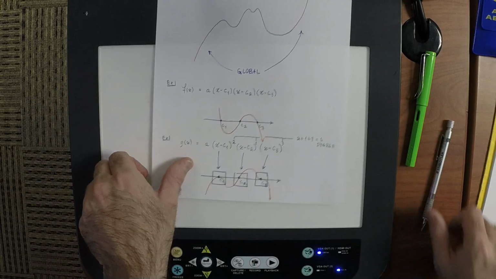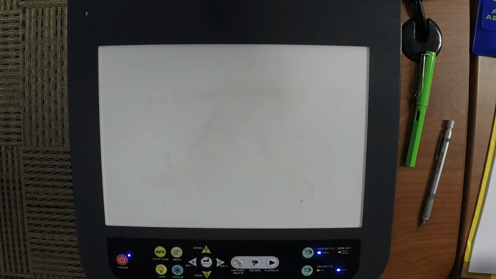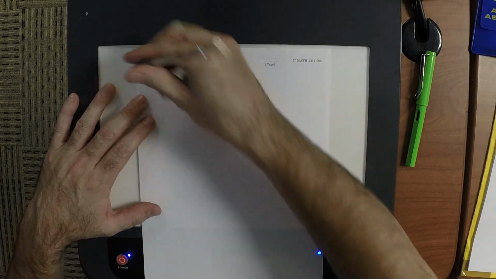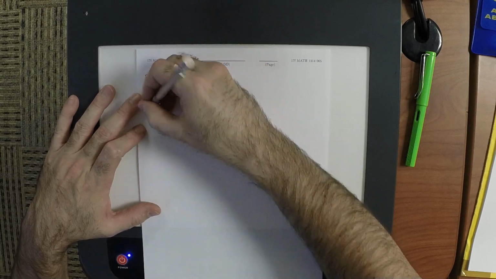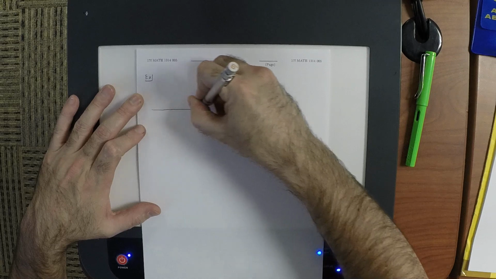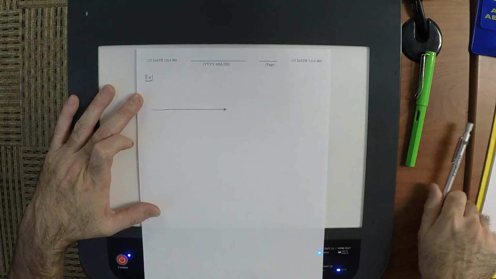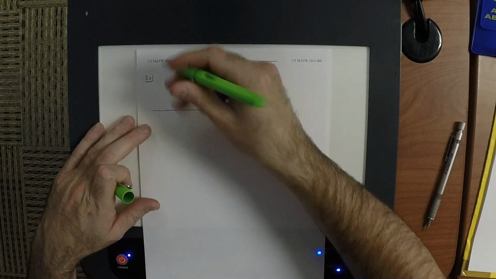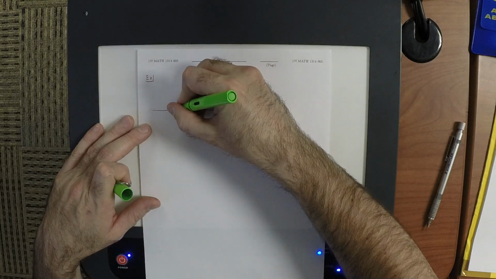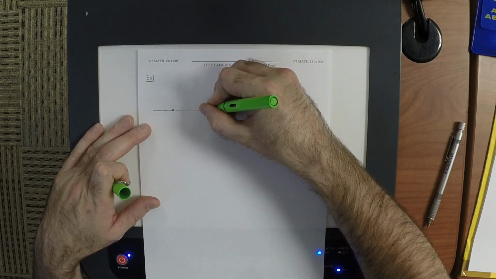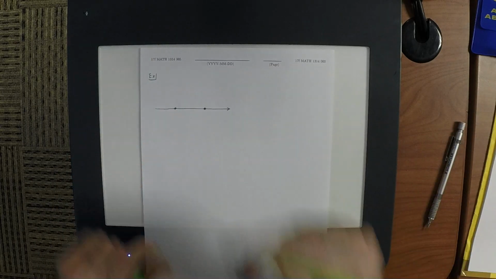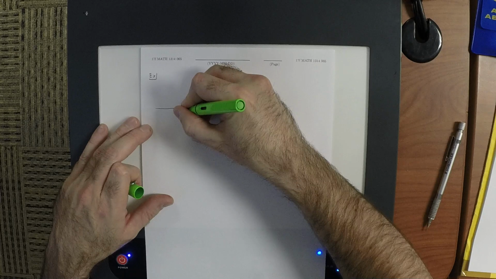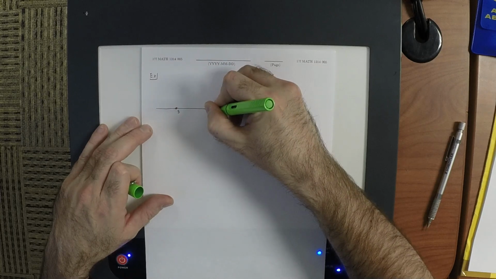Okay, so let's try another. Suppose I give you a sketch of a function. Say this is 3, and this is 8.